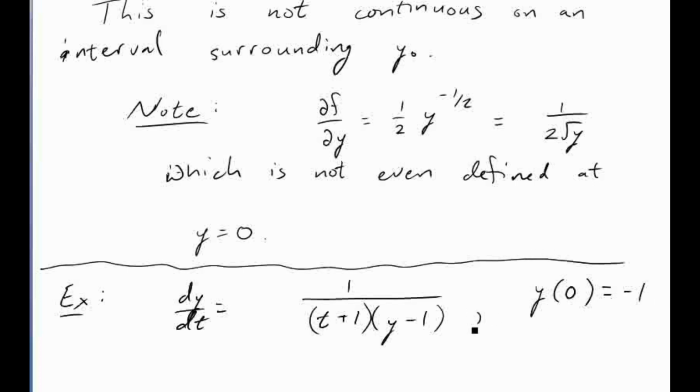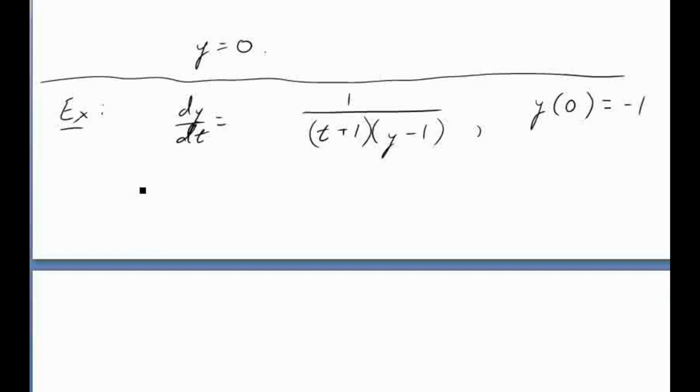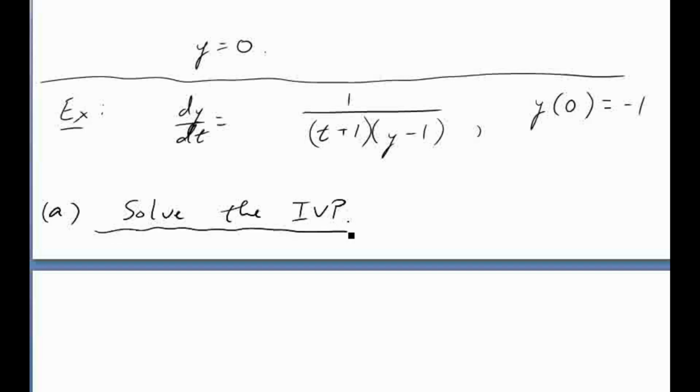Okay, so let's just take this, and we will just try to solve it first and then ask some questions. So first off, solve the initial value problem. All right.